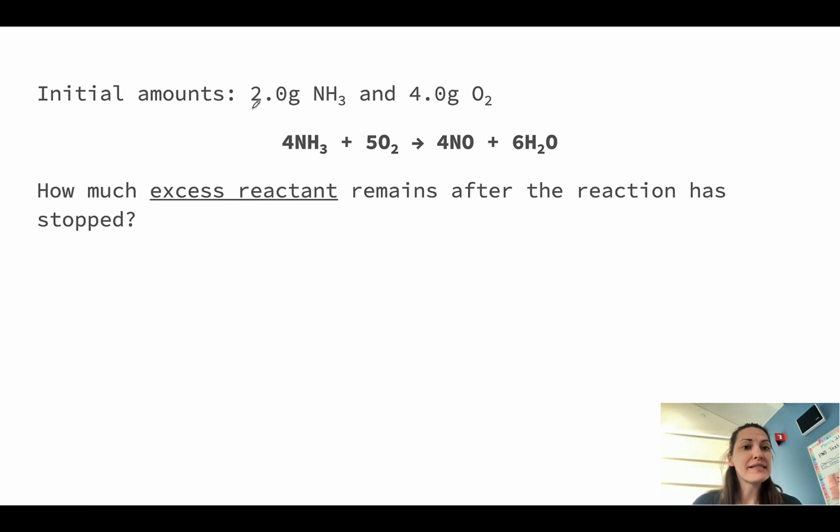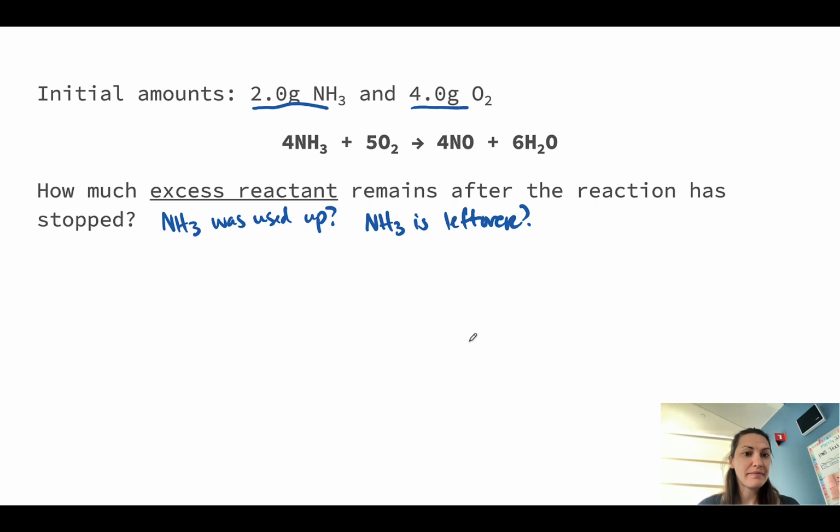So using the same amounts as before and the same equation, it says how much excess reactant remains after the reaction has stopped. So what we need to do is figure out how much NH3 was used up, and then we can figure out how much NH3 is left over as a result of that, okay?